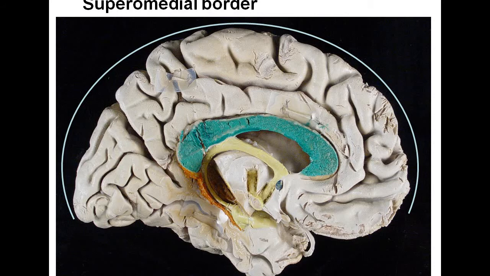Now we'll go to the borders of the cerebral hemisphere. How many borders? We have four borders. Can you see this line? This is the superomedial border.